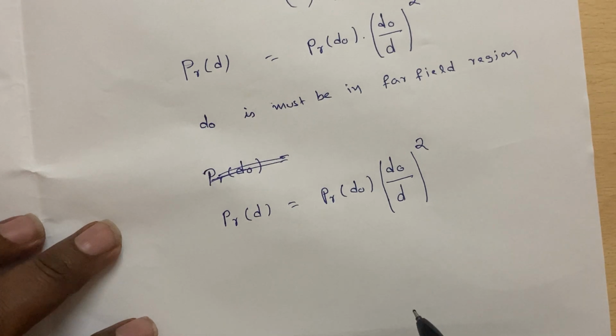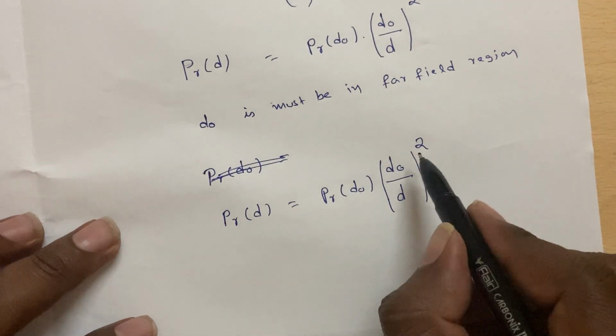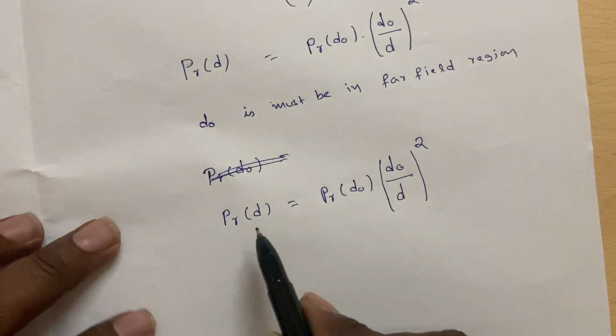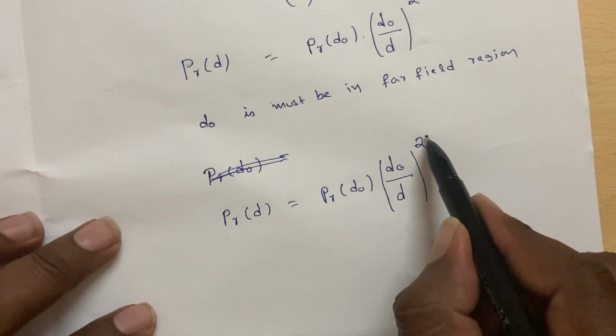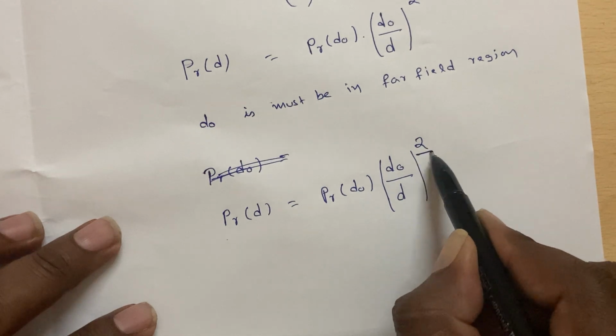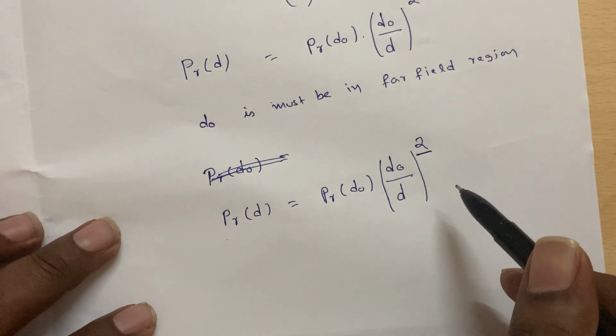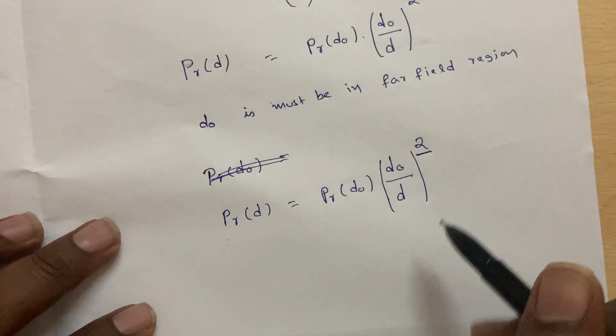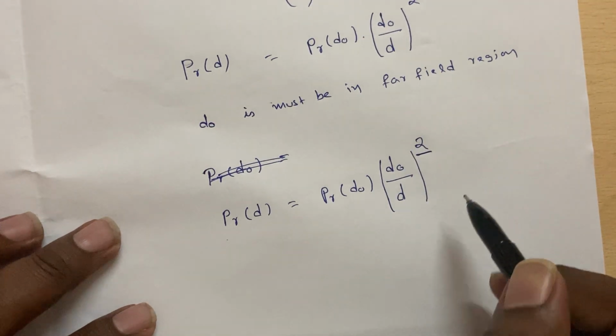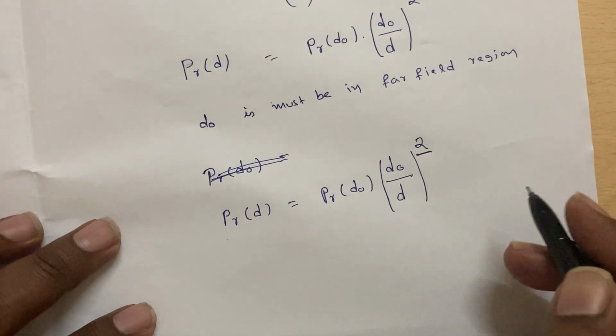Here the power 2 we got for free space. If it is not free space but some arbitrary area, maybe with buildings, roads, and trees present, then from area to area the received power will follow more or less a similar equation, except for this exponent term. The power may be different for different areas.